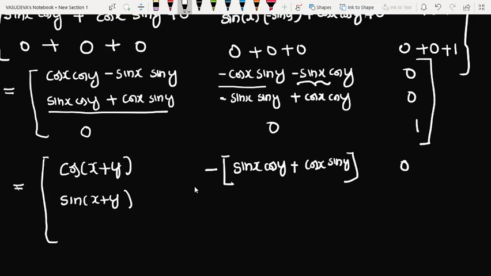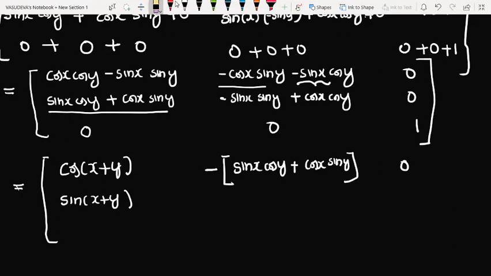So here also I am taking minus outside. Or instead of taking minus outside, no need, actually this is directly given, so write in order correctly.